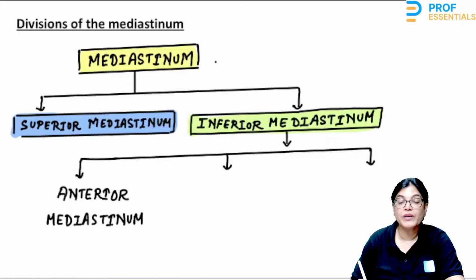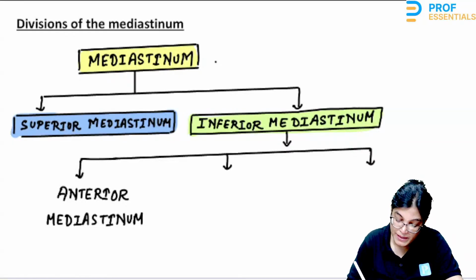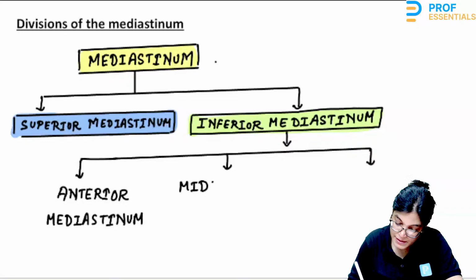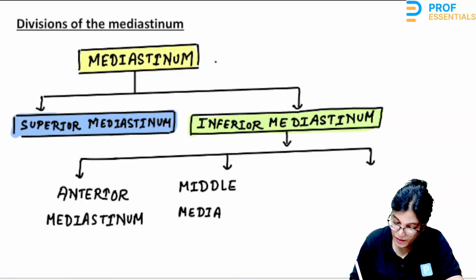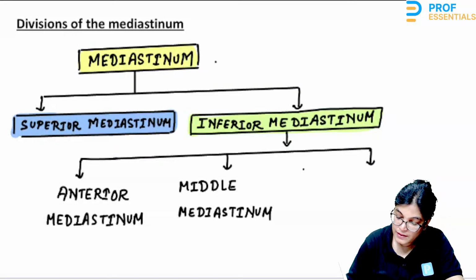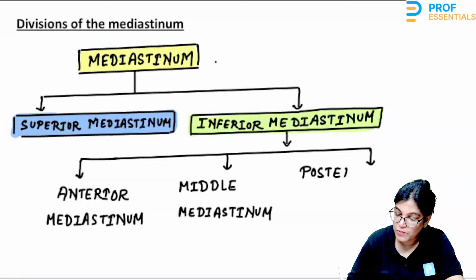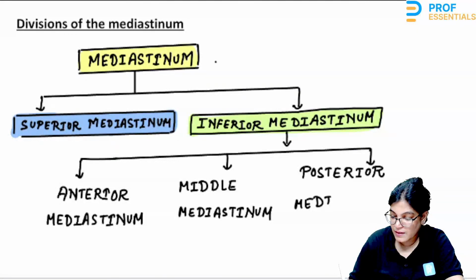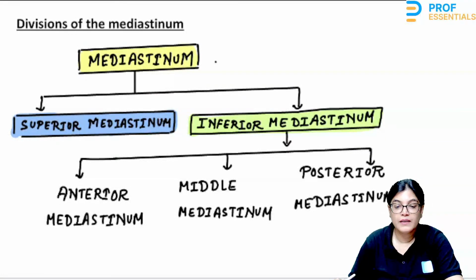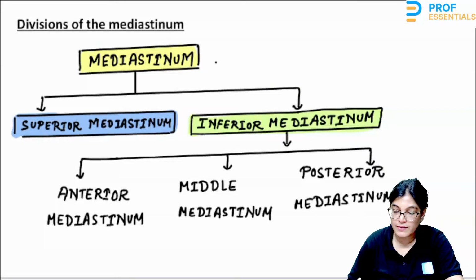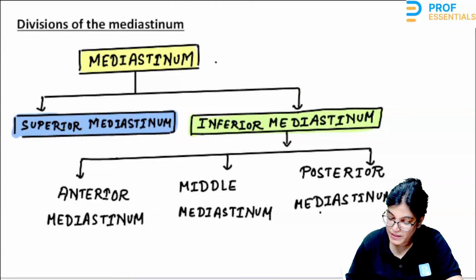The middle area where we will have the heart, pericardium and its great vessels is the middle mediastinum. And we will also have the posterior mediastinum, which is lying posterior to the heart and the great vessels. So this is how we get the important contents of the mediastinum.